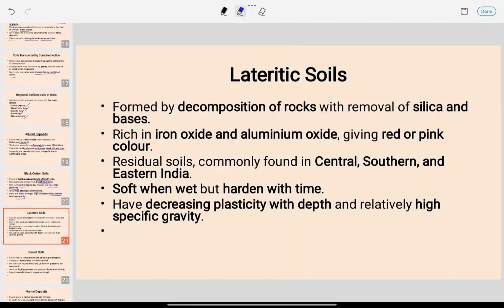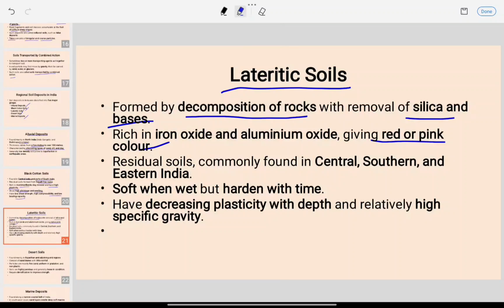Next, we have another regional soil in India, which is known as lateritic soil. These soils are formed by decomposition of rocks where the silica and bases are removed due to intense weathering. Lateritic soils are rich in iron oxide and aluminum oxide, which gives them their characteristic red or pink color.